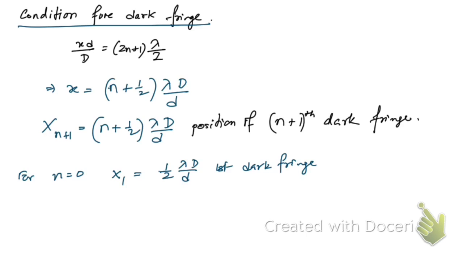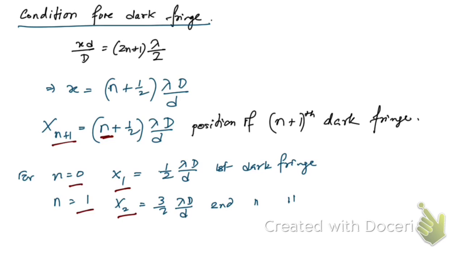Now if you put n equal to 1, then you're going to have x2, that's going to be 3 by 2 lambda D by small d, that's going to be the second dark fringe. So when you put 0, you get the first. When you put 1, you get the second. So when you put n, you must get n plus 1. Hope you have understood this.